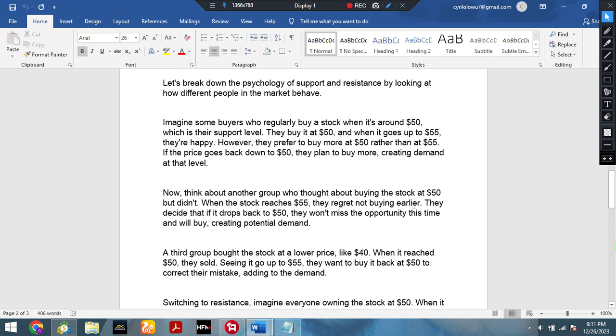They decide that if it drops back to $50, they won't miss the opportunity this time and will buy, creating potential demand. So that is just what I explained: since they notice that this thing moved and got to this point, they know the area already. So they'll be interested that when price comes back to that zone, they will take their own order.